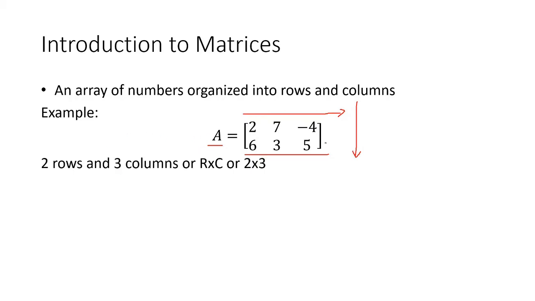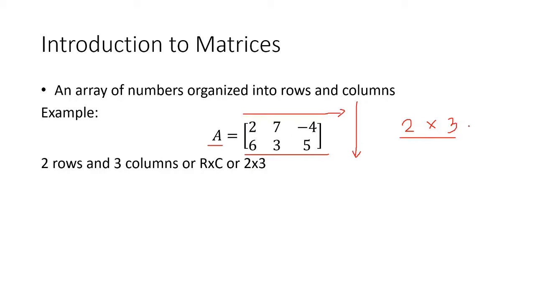Matrix A is a 2 by 3 matrix because we have two rows by three columns. This is the first row, this is the second row. Then the first column, second column, and third column.